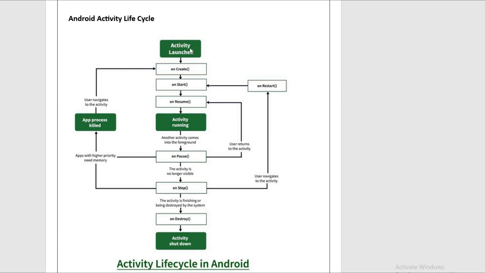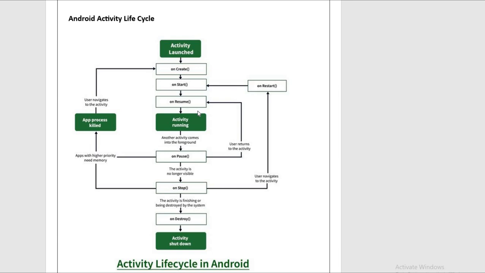Once this onResume method executes successfully, your activity will go into the running state. Running state means your activity is visible on your screen. All of your components are visible, and they are ready to interact with the user.